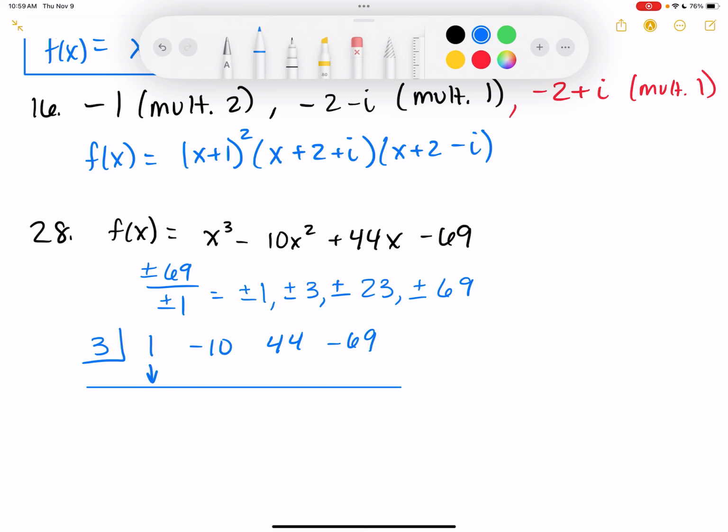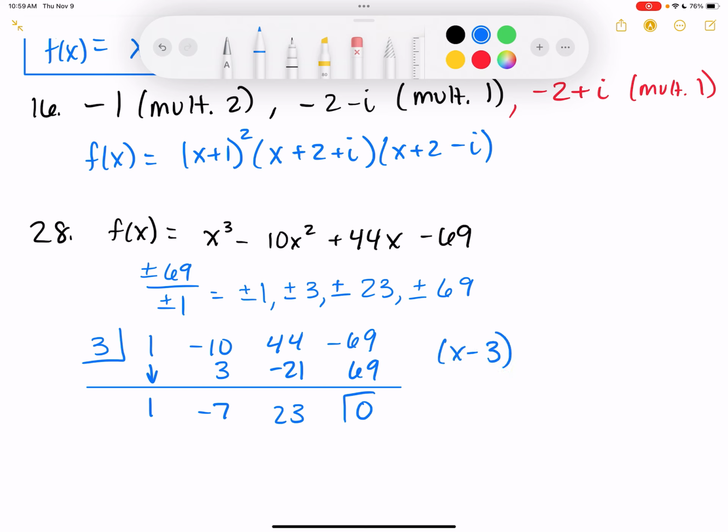So bring down the 1, times 3 is 3, minus 10 is negative 7, times 3 is negative 21, plus 44 is 23, times 3 is 69, which gives us 0. That means that x equals 3 is a zero, so x minus 3 is a factor.